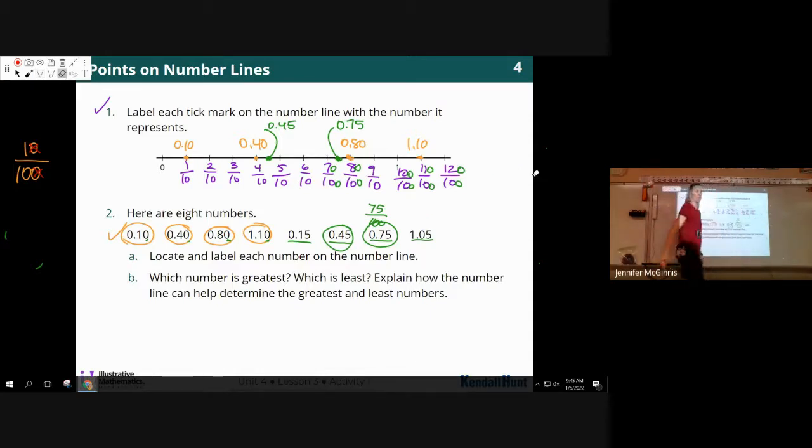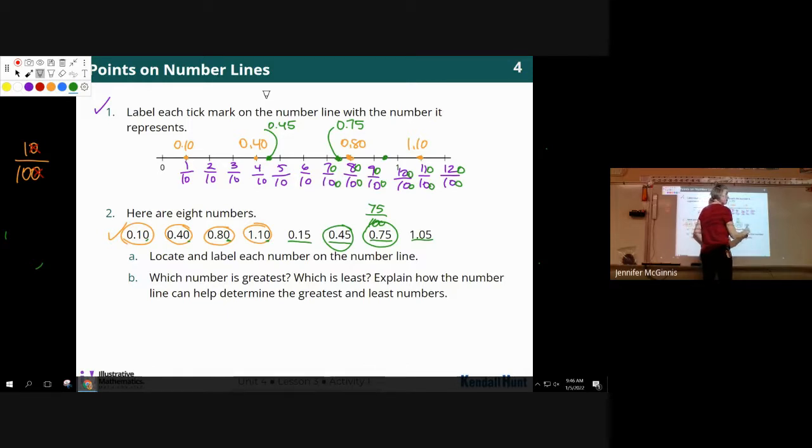Nice. Where do you want it, Sophia? I want it in between the 9 tenths and the 10 tenths. So I'm going to change this to hundredths for a second. This is 90 hundredths and 100 hundredths.